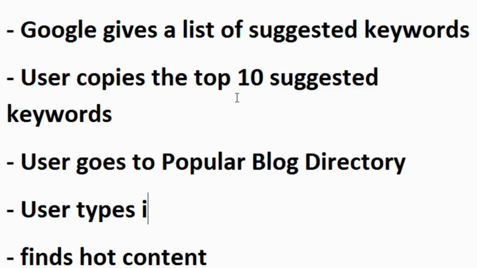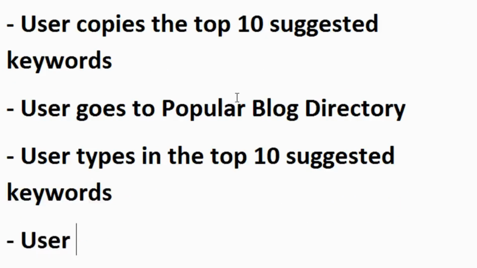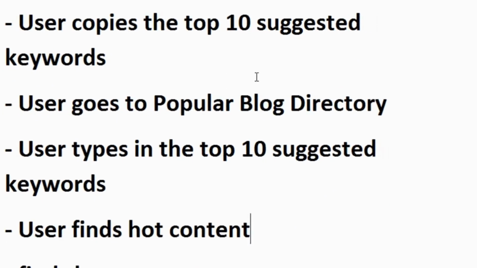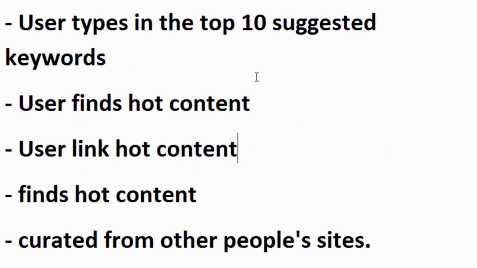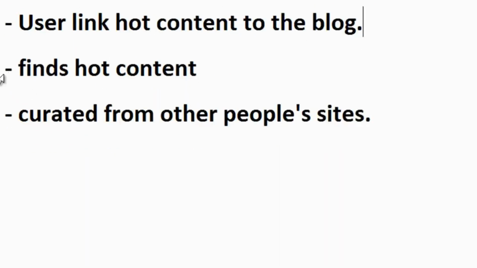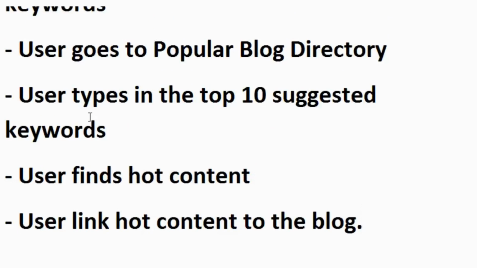User then types in the top 10 suggested keywords, and then user finds hot content. And normally the user would link hot content to the blog. And that's basically the process of finding hot content. So that's the process right here.